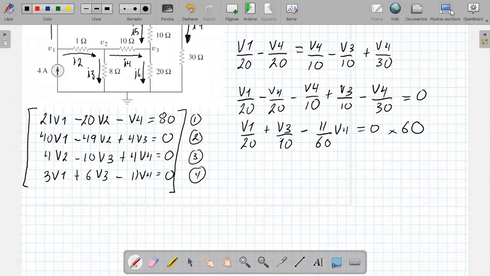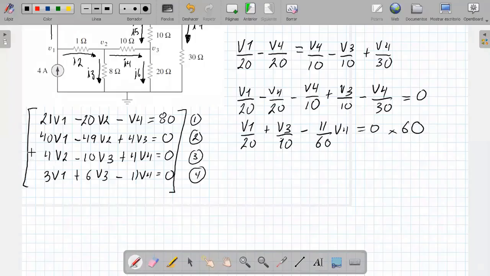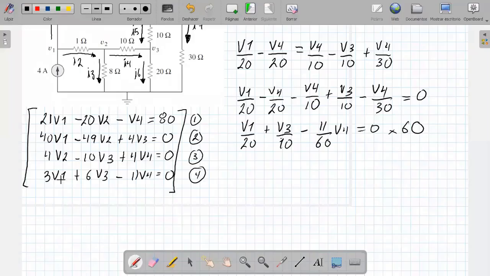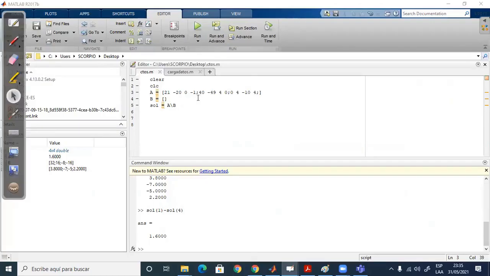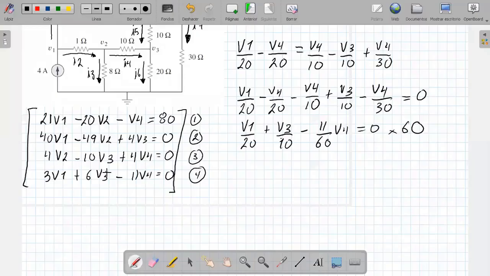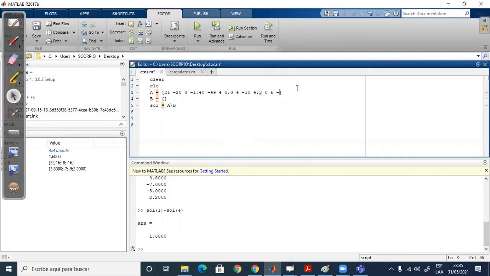For the next one, there is no V1, but 4, minus 10, 4, and 0. Then a semicolon for the fourth row: 3, 0 because there is no V2, 6, and minus 11.